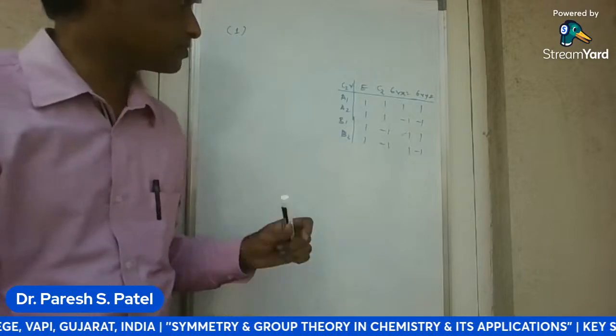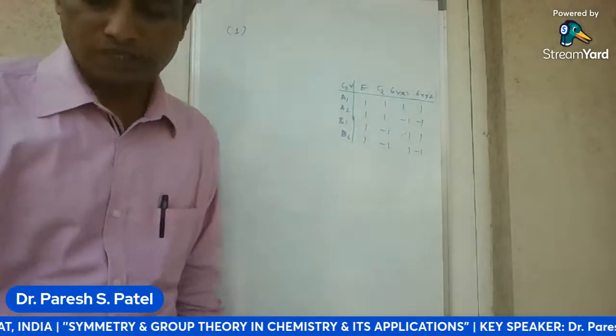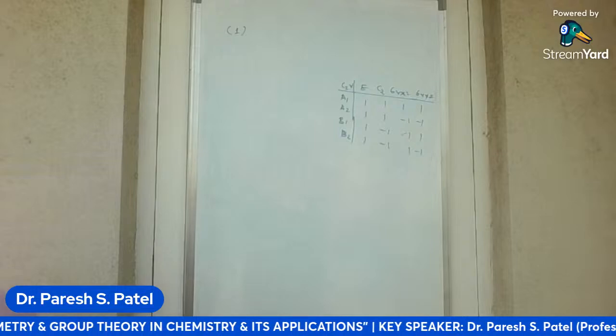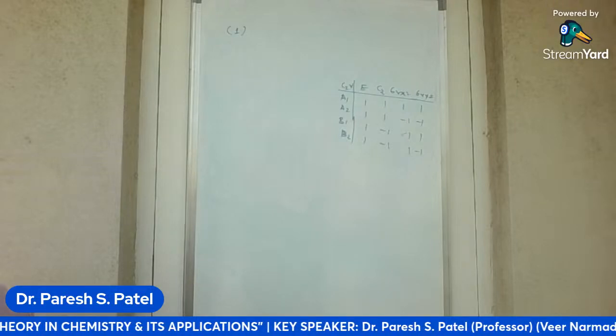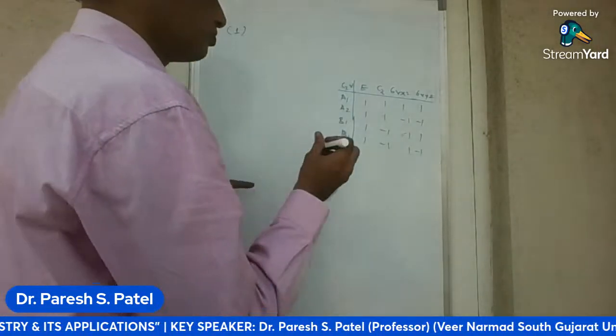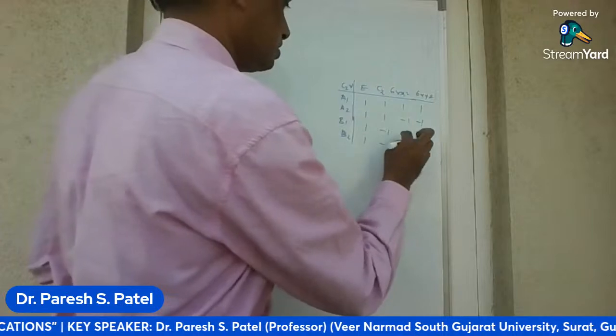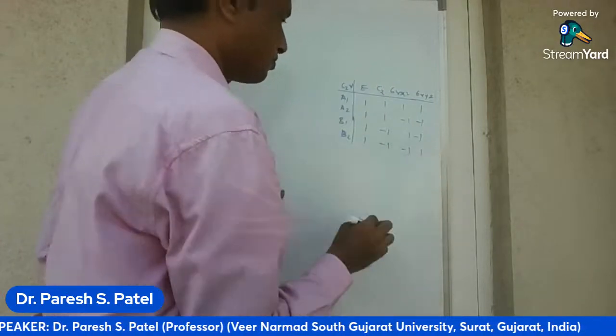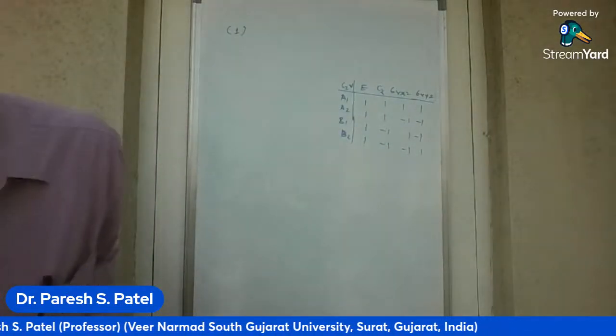Dear students, this is the character table for the C2v point group.